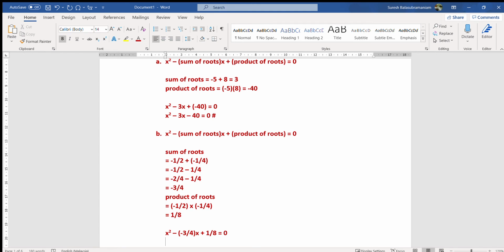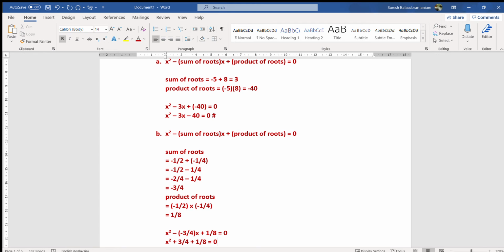Simplify this, you'll get x square plus 3 over 4 x plus 1 over 8 equals to 0.